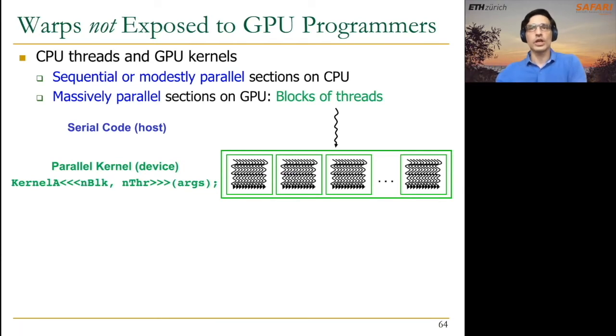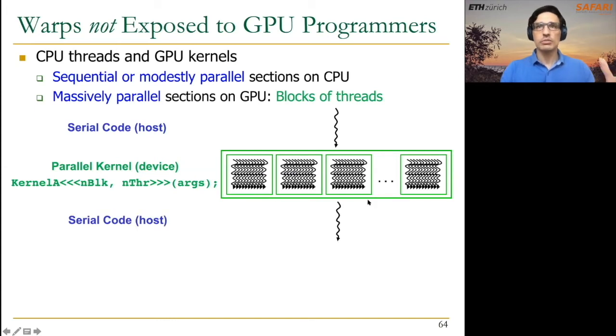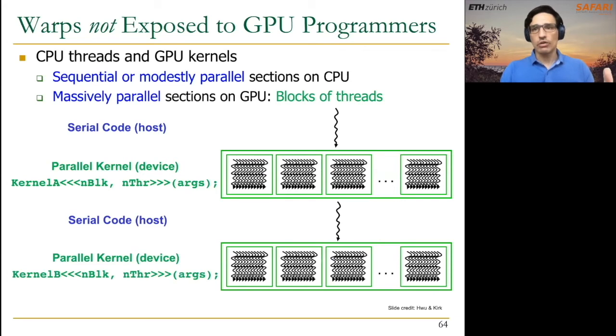The function that we execute on the GPU is called the kernel. And here in this syntax, in this call, we define the number of blocks that we want to launch and the number of threads per block. Then the kernel finishes its computation on the GPU, and then we have some more serial code, and then we may launch another kernel, for example, kernel B.